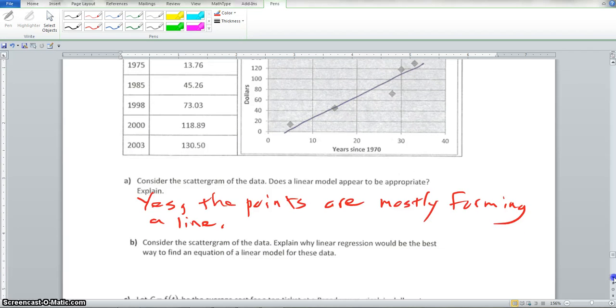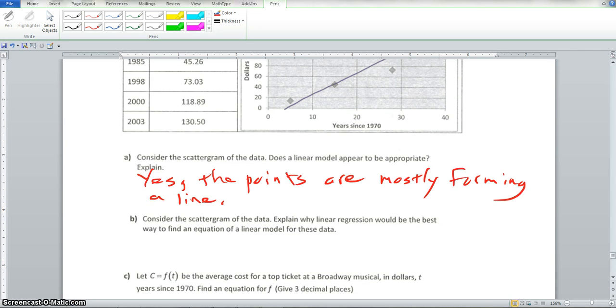Okay. Now it says consider the scattergram of the data. Explain why linear regression would be the best way to find an equation of a linear model for these data. And that is because linear regression uses all of the points.